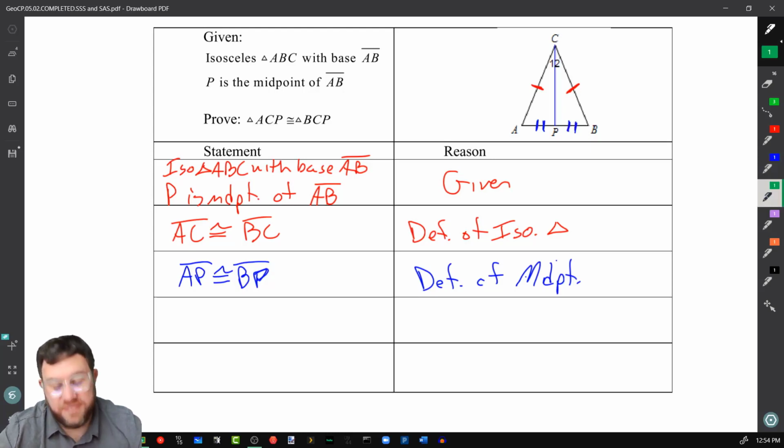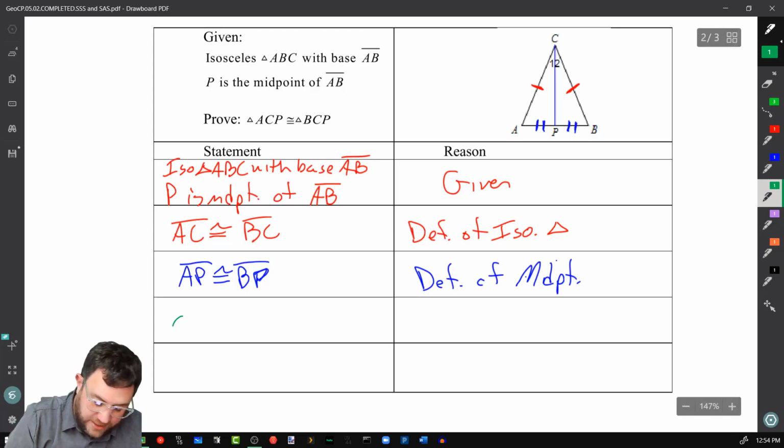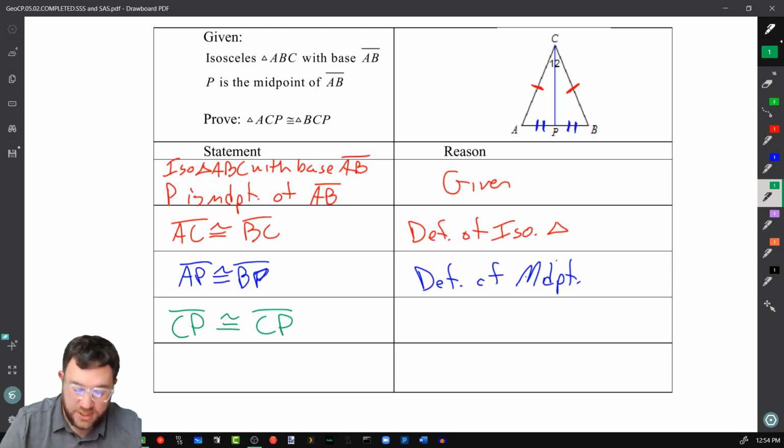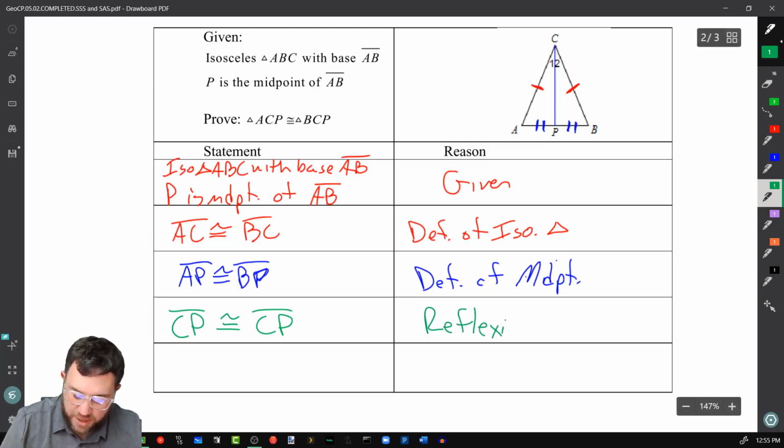And then we have something that I've already told you today needs to jump out at you, and that's that these share a side. Now in a proof, we actually have to write that down as a statement, that CP is congruent to CP. It's congruent to itself. And the reason for that is called the reflexive property.